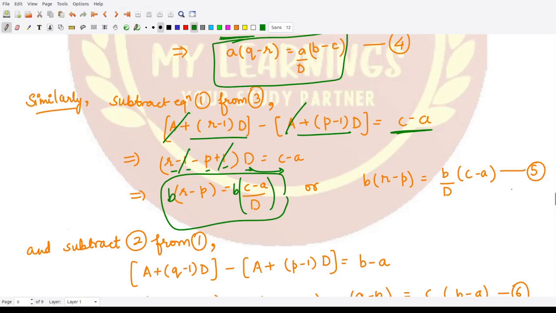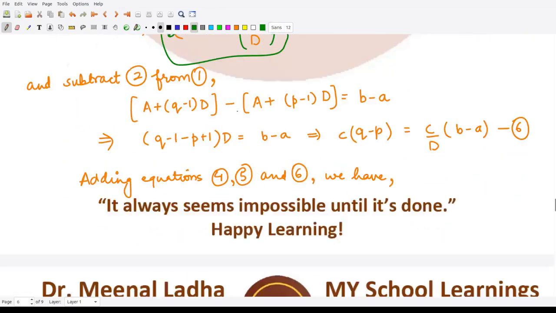Let's mark this as equation number 5. Similarly, we can subtract 2 from 1, so the A terms get cancelled, D could be taken common, then plus 1 minus 1 gets cancelled, so you have q minus p into D equals b minus a. Because we wanted c here, we can multiply c on both sides to obtain equation 6.